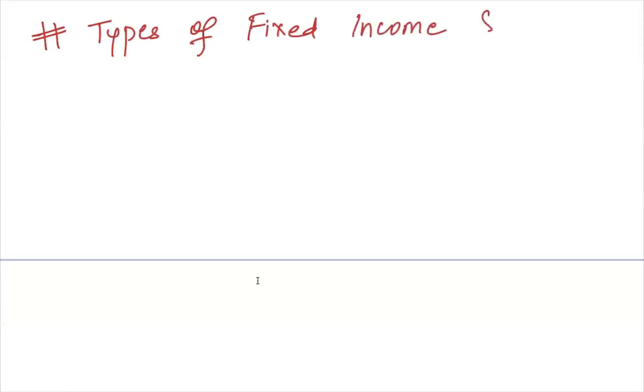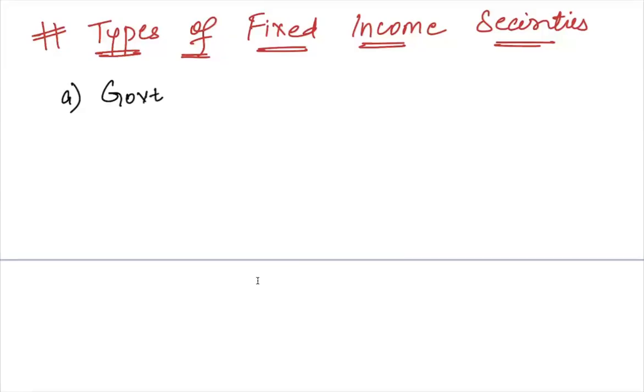Now, coming to the types of fixed income securities. And after this, we'll study the yield curve. Okay. What are the types of fixed income securities? So I can say government bonds. Let me write it this way.